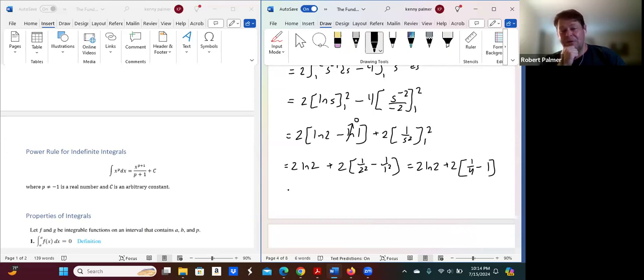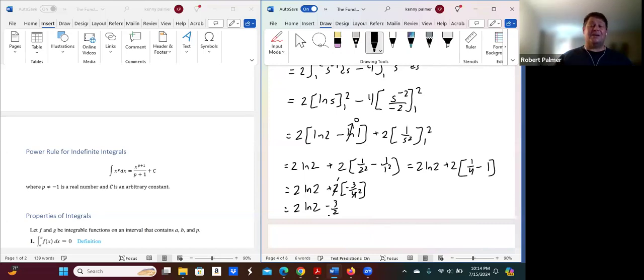So we're almost there. 2 times the natural log of 2 plus 2 times -3/4. And finally, we get our answer: 2 times the natural log of 2 plus, divide the 2 by 2, so that's going to be minus 3/2.